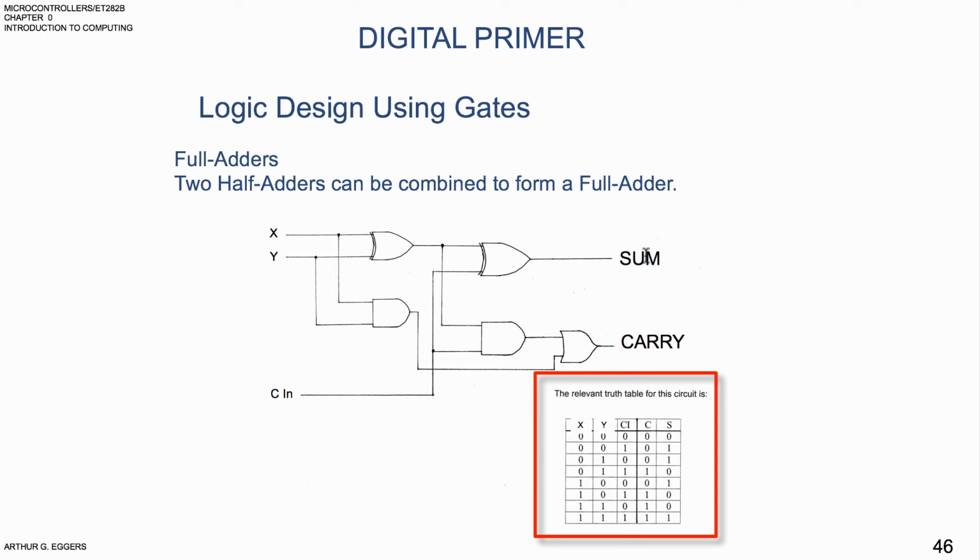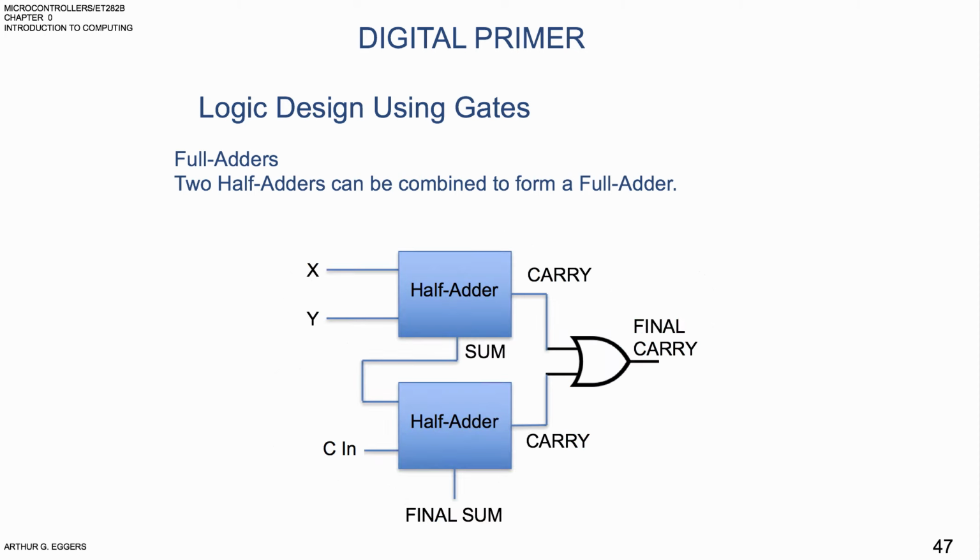Again, ultimately your output becomes a sum and a carry. Again, representing it as two black boxes, two half adders that have X and Y in and a carry function. The carry functions are then output to an OR gate, and they become your final carry and your final sum.